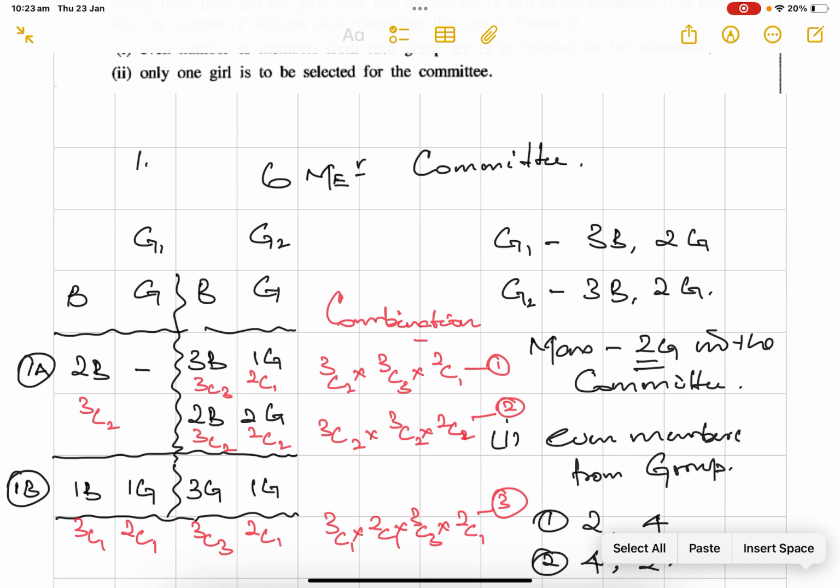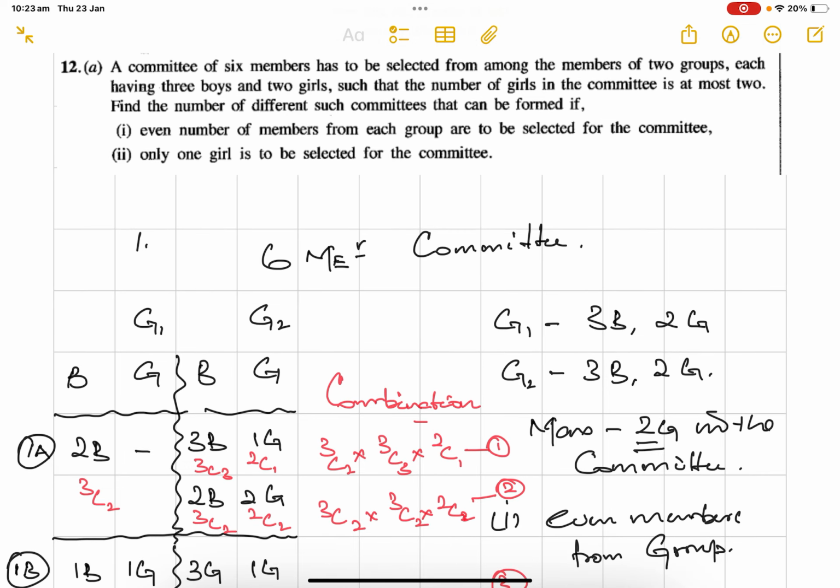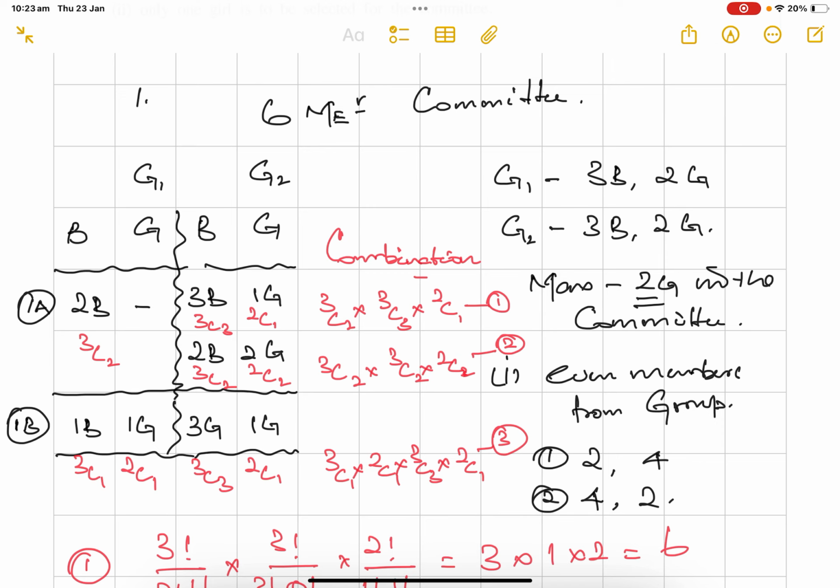And again, the condition in the main part of the question is the maximum 2 girls in the committee. So it could be 2 girls or 1 girl or no girls at all. So the number of girls should not exceed 2.